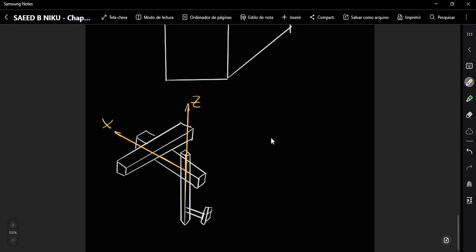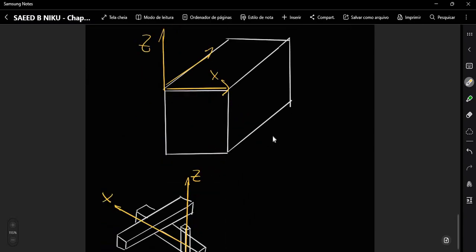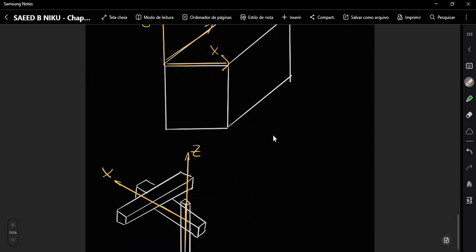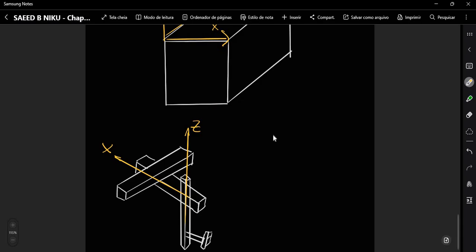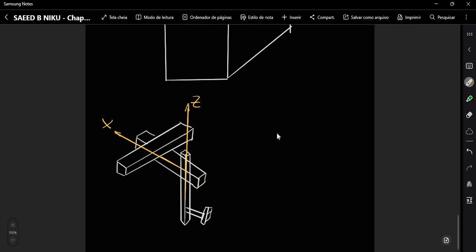Okay, on the x-axis, and right here, when it was on this point, it can go to this point on the y-axis.